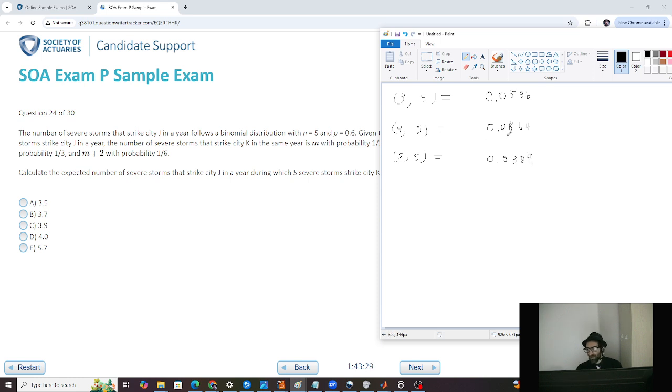We can already see the answer is going to be some amount less than 4, not some amount more than 4, because there's a greater probability of seeing a 3 than a 5. Right? We'll do 0.0536 times 3. Oops, what did I just do? And we can actually get rid of the .0's, right?